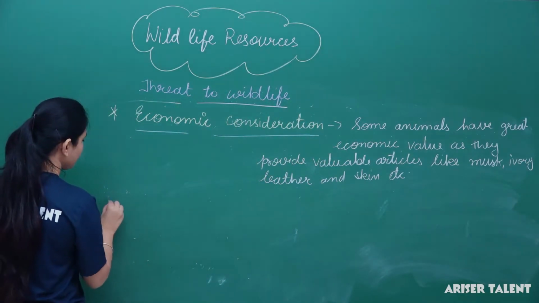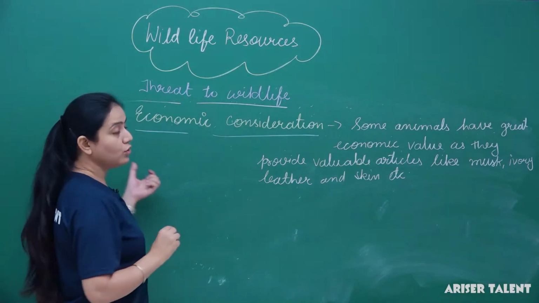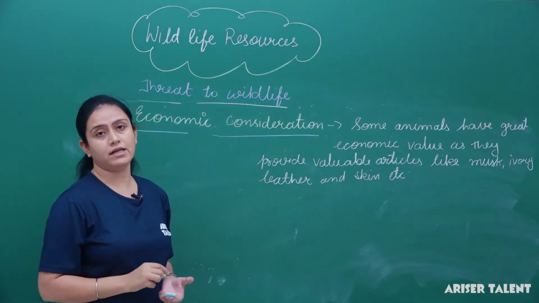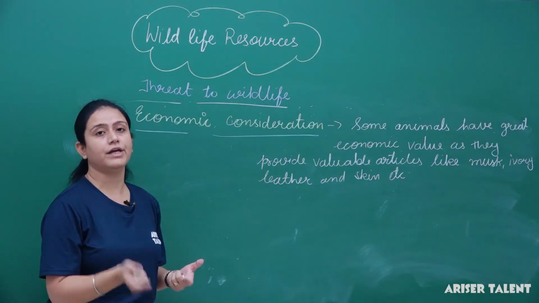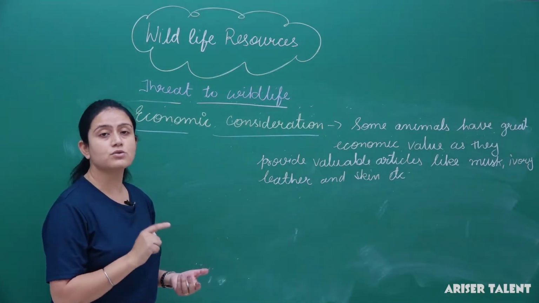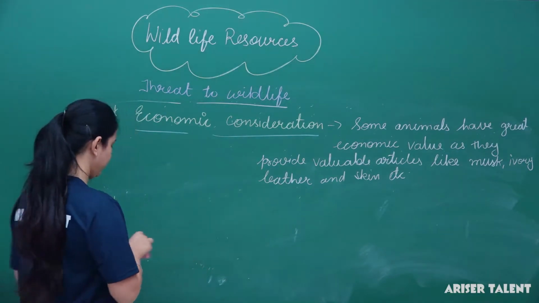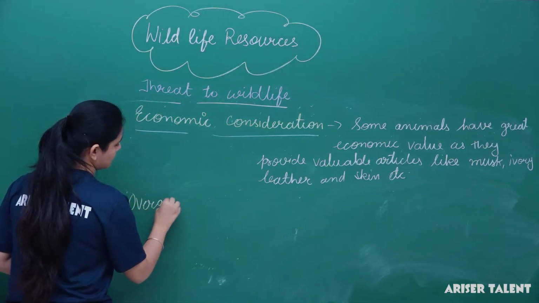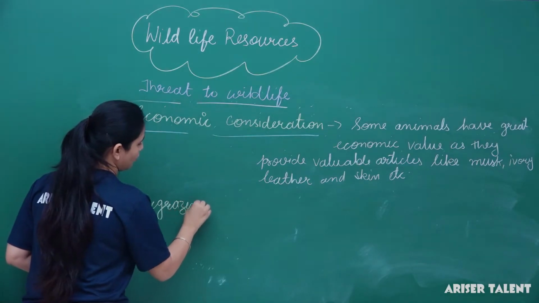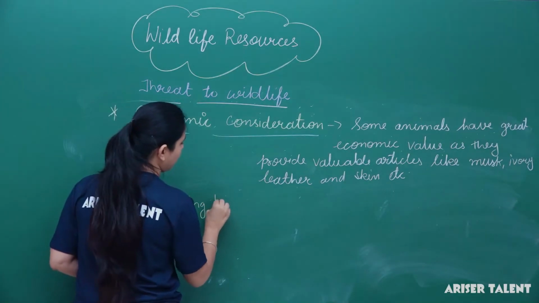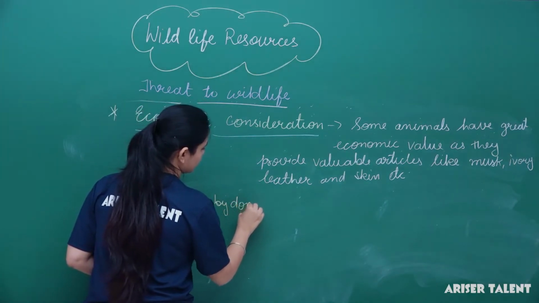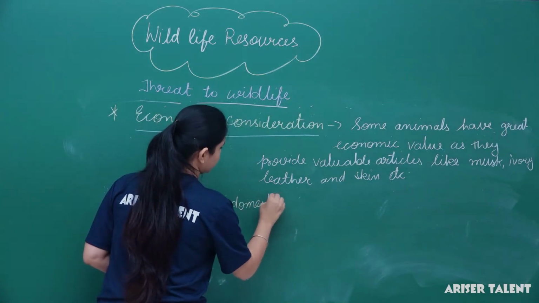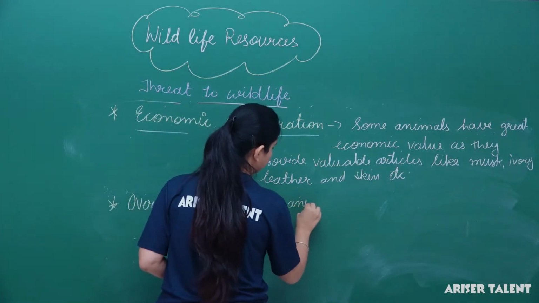Besides, overgrazing by domestic animals converts forest area into desert, and this is also a big threat to wildlife. Next is overgrazing by domestic animals.